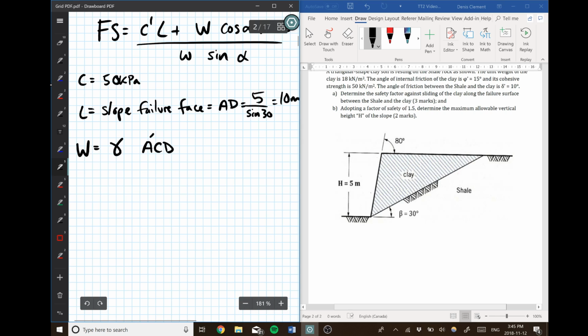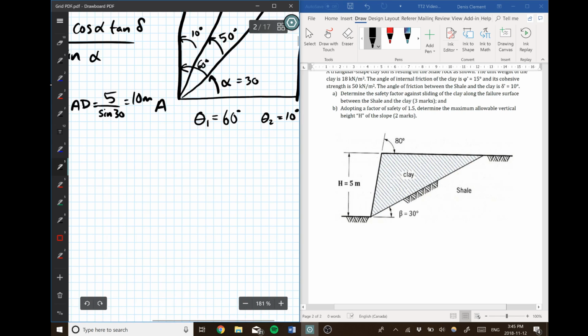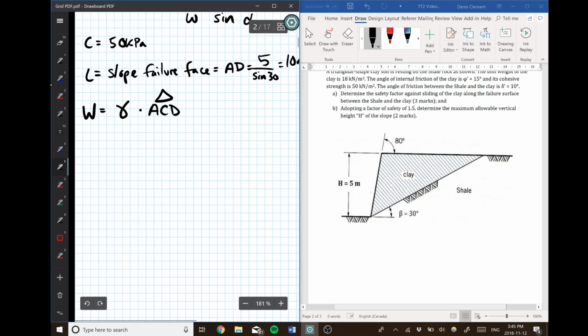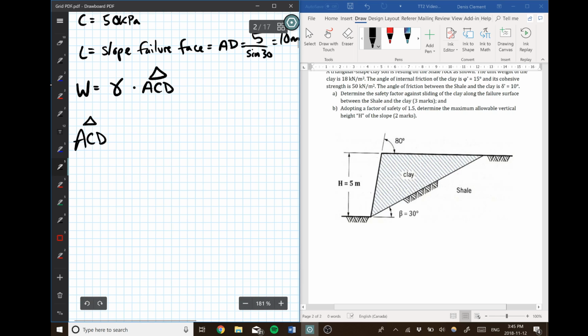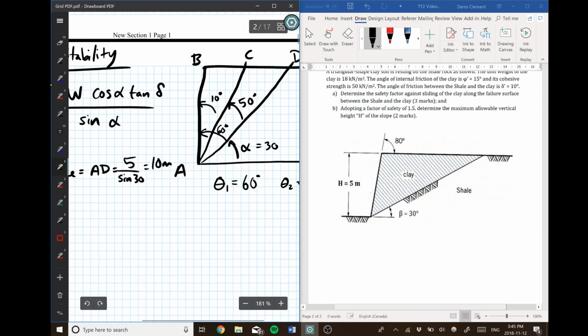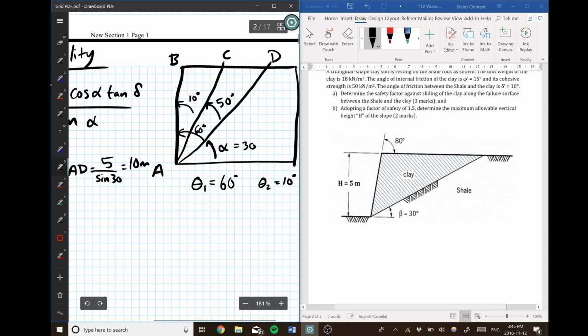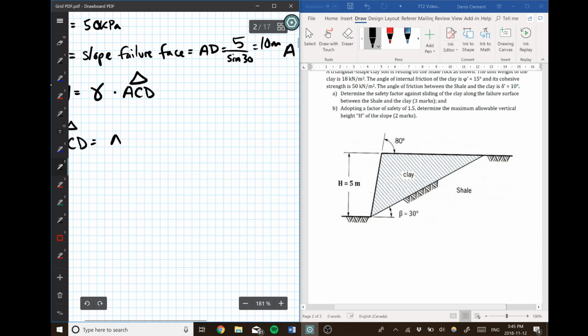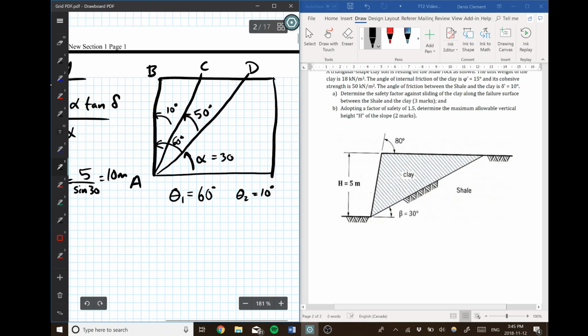But an easy way to do it is to say that ACD is equal to ABD minus the area ABC.